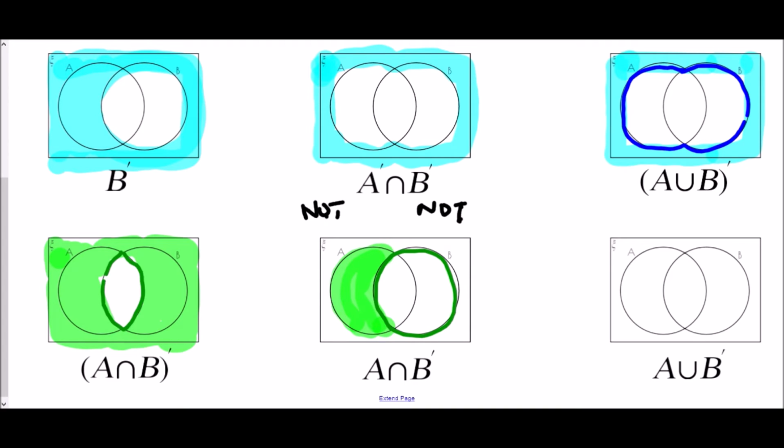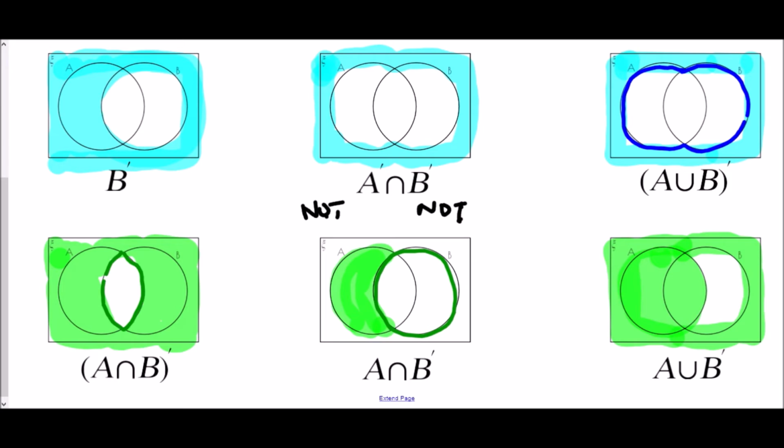And finally, A or not B. So things in this one can be A or they can be not B. And so it can be A. So everything within that circle is A. But also, because there is an or, it means it can also be anything which is just not B. And if it's not going to be B, then that means we want to ignore everything which is inside of the B circle, but take anything which is outside.